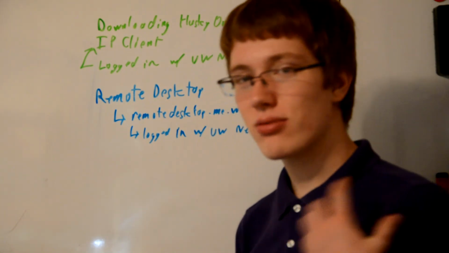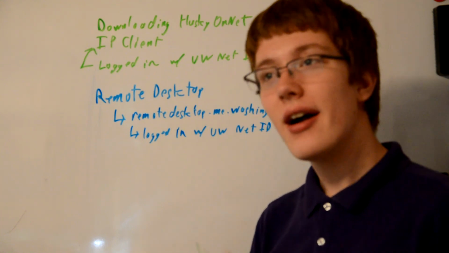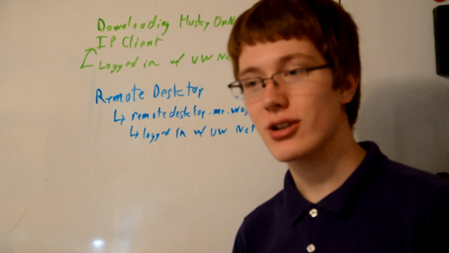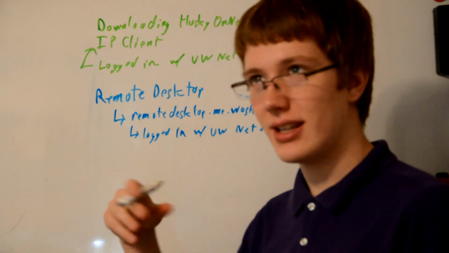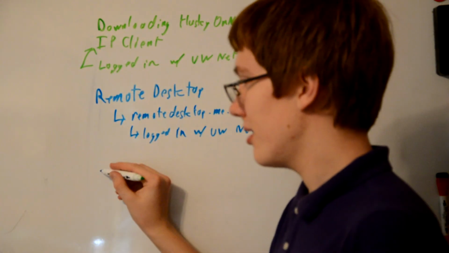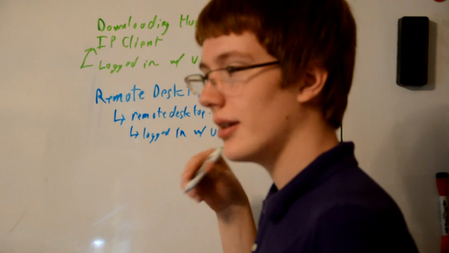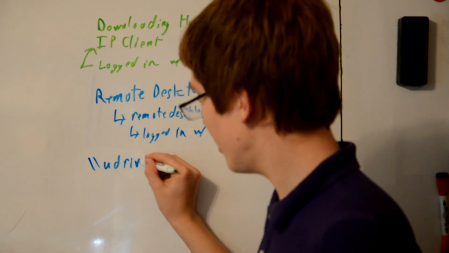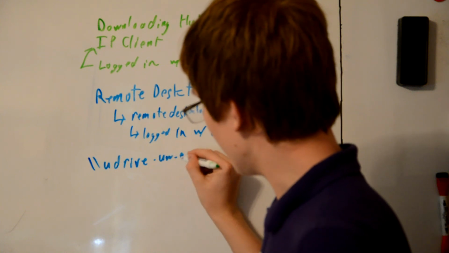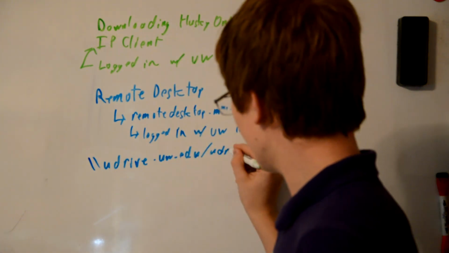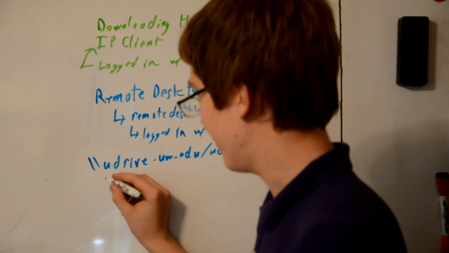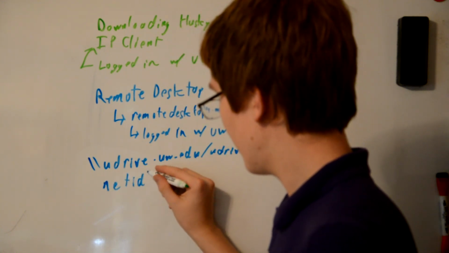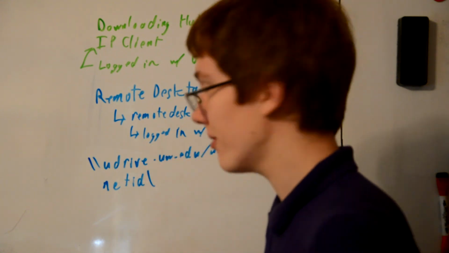And then the other aspect that we talked about was the U drive, how we could access the U drive on the remote desktop, but also how we could map a network drive to our own personal computers by selecting the drive that we wanted and connecting to the //udrive.uw.edu/udrive folder, and then using NetID\ and then whatever NetID that we have, and then our password.